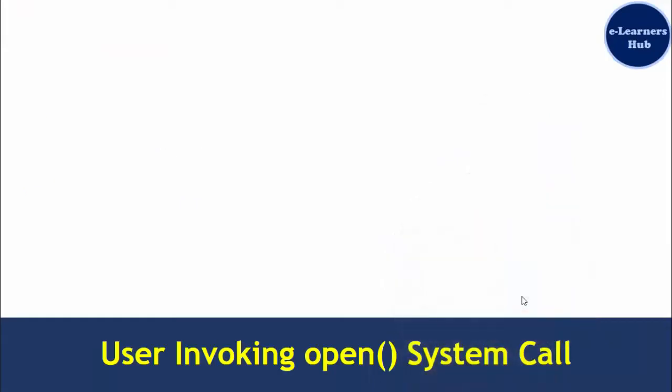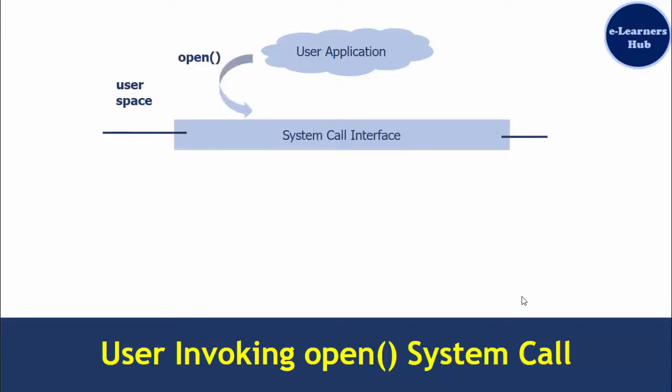Now let's see what a system call is. We take an example of invoking an open system call. Say a user is running some application and wants to open some file. The moment the user requests the open operation, the request will make a system call to the kernel, and the kernel will get the system call and then search for the appropriate operations for that system call.